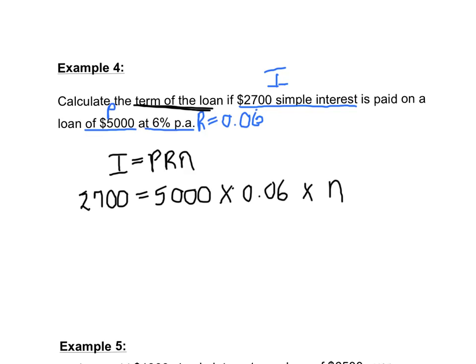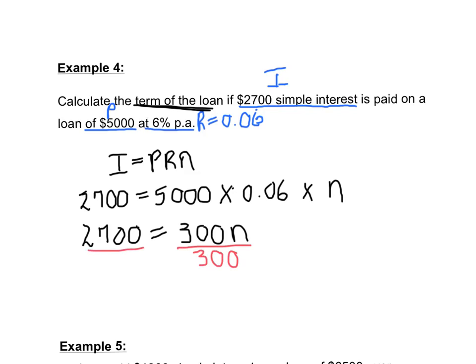I now have a straightforward linear equation. I first simplify what I can, which means I multiply what I can multiply. 5,000 times 0.06 is equal to 300. 300n equals 2,700. To get the n on its own, I divide on both sides by 300.